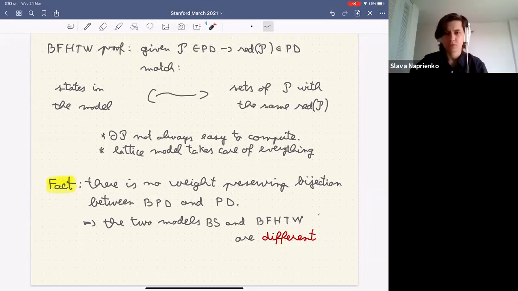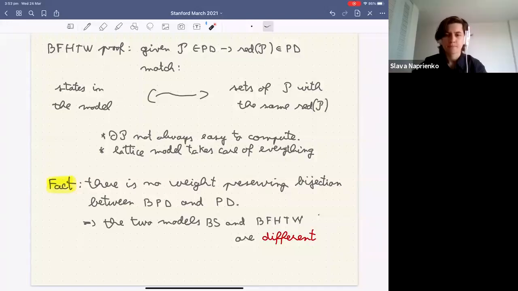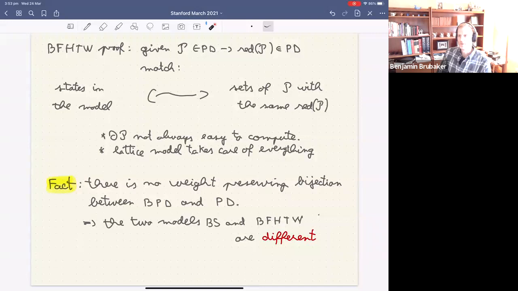So there is no sort of Yang-Baxter equation between them? Not that I know. No. At this point, no. Thank you. But that would be an interesting thing to explore. Yeah, of course.